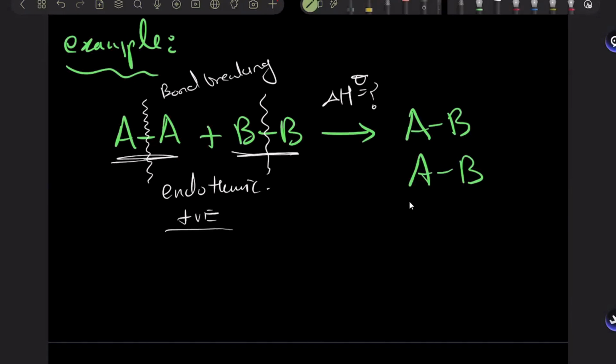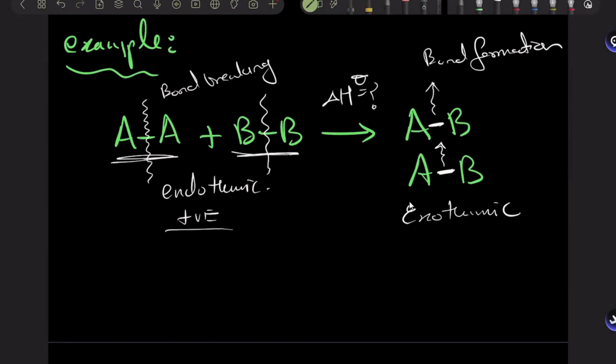And then when the new products are formed, when these new bonds are formed, then energy would be released, right? Because bond breaking is endothermic, bond formation is what? Exothermic. So over here, bond energy is released, right? So energy is released over here in bond formation. So it is exothermic, negative.